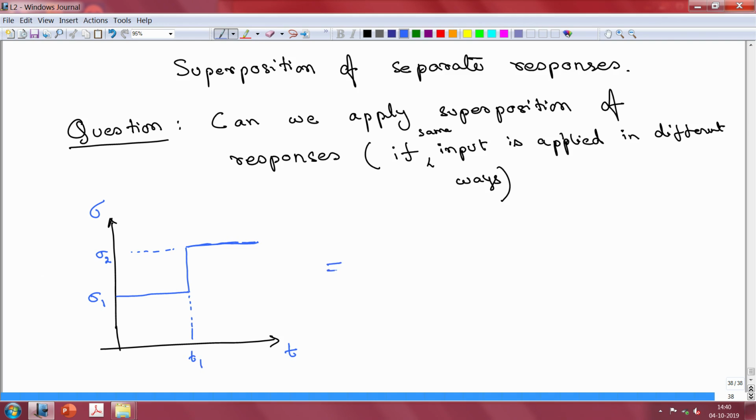This can be thought of as being equivalent to two cases.